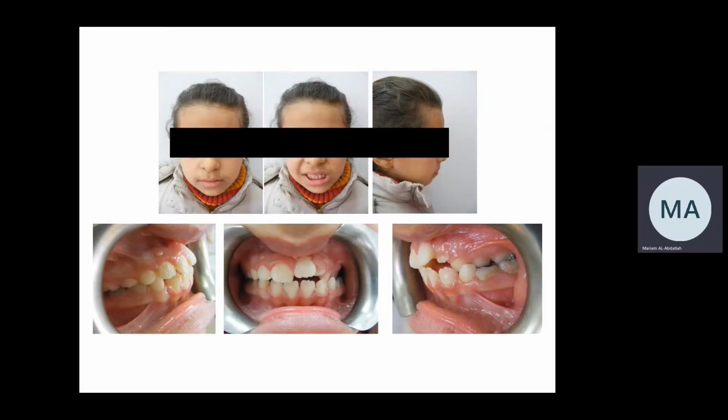Now, the problem is not on the left side only, it's on the left side and the right side. But what happens is that as the maxilla is narrow, symmetrically narrow, the mandible will be confused where to bite, and eventually it will choose one side, and we will have mandibular displacement to avoid premature contact. So if there is no mandibular displacement, then the problem is only on one side, okay?